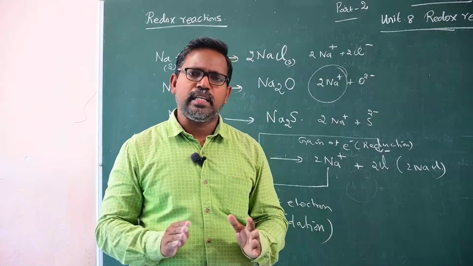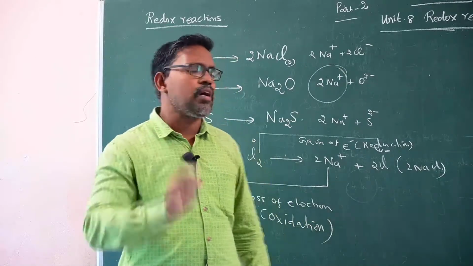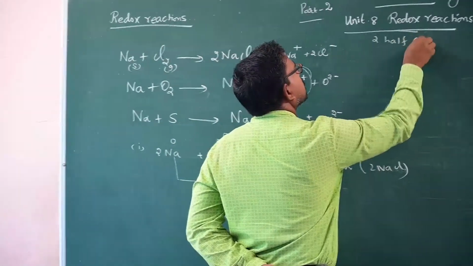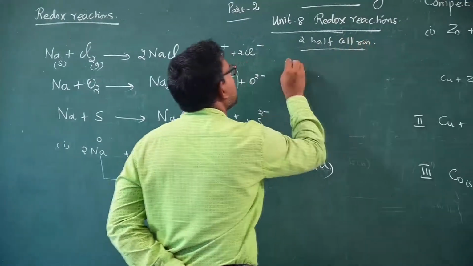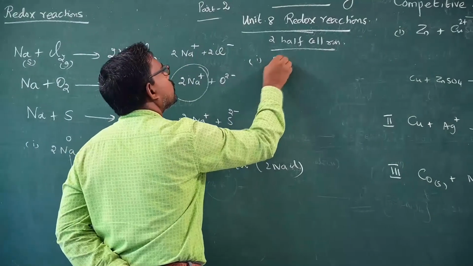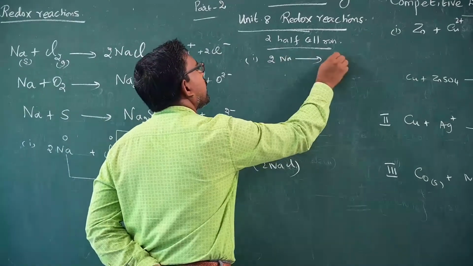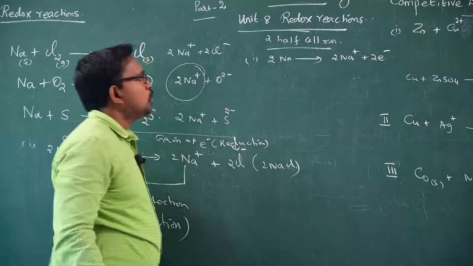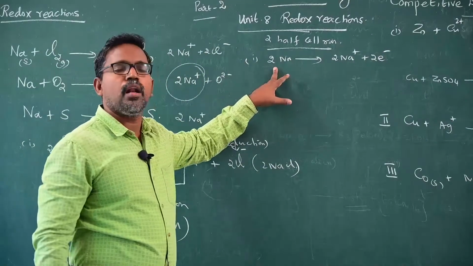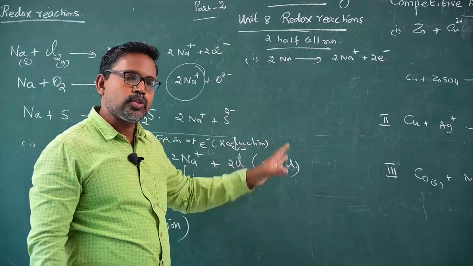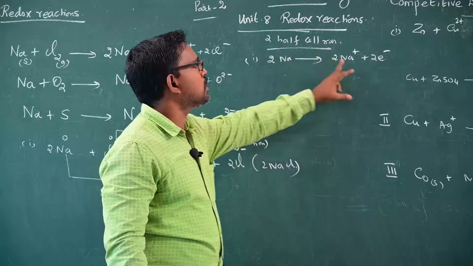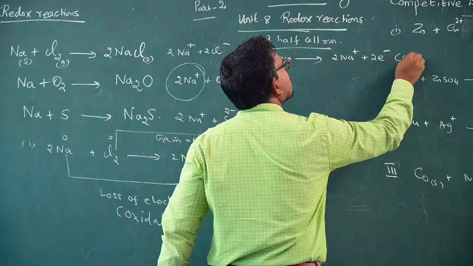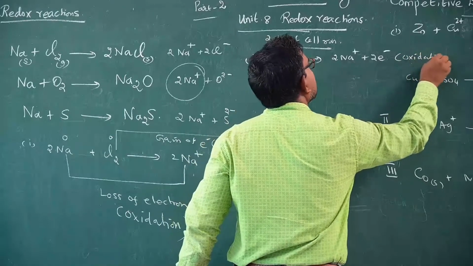So the redox reaction is a combination of 2 half-cell reactions. The first half-cell is 2 sodium giving 2 Na+ and 2 electrons. Each sodium loses 1 electron, giving Na+ ion. This process is called oxidation.